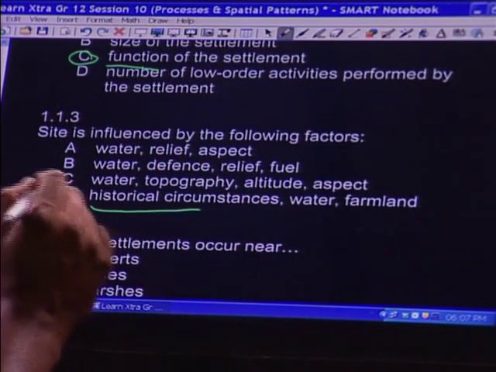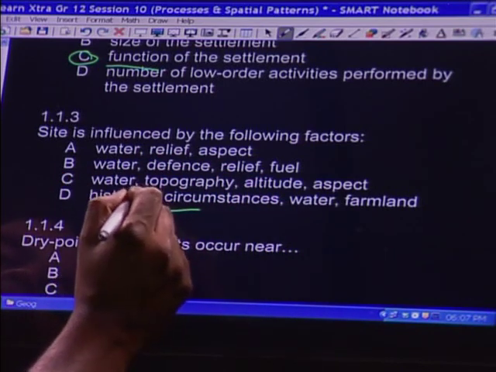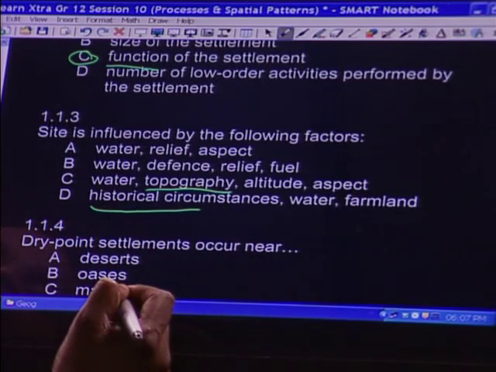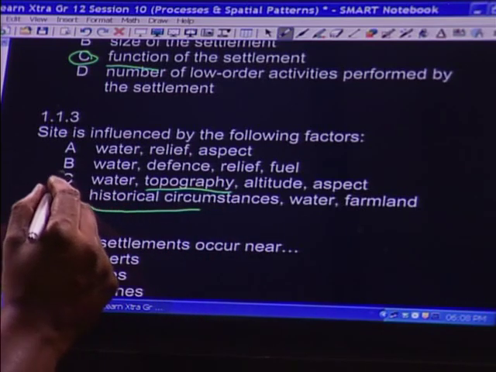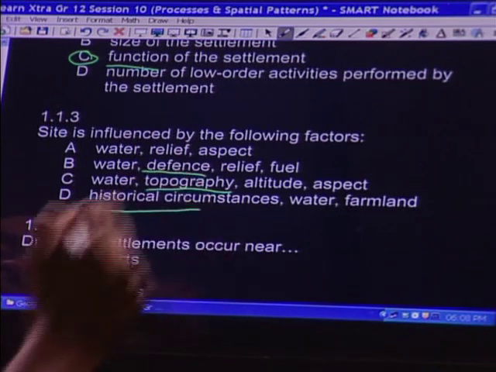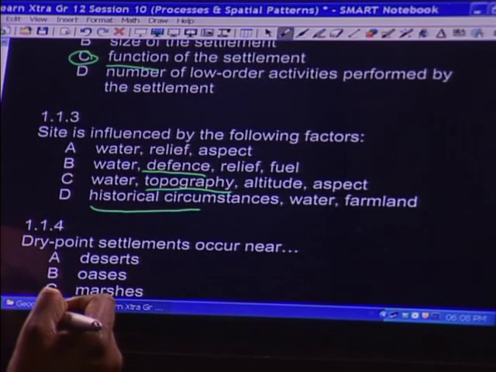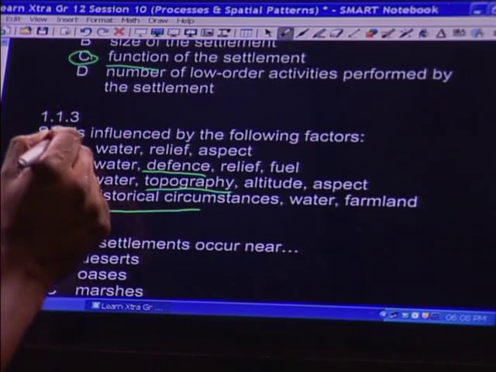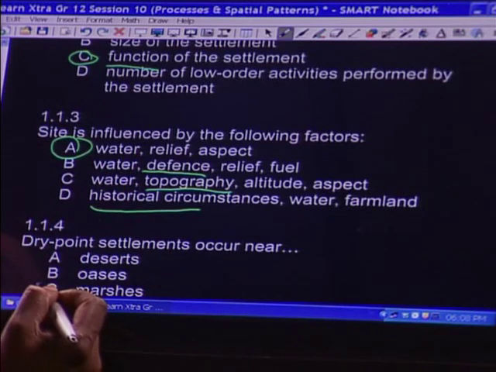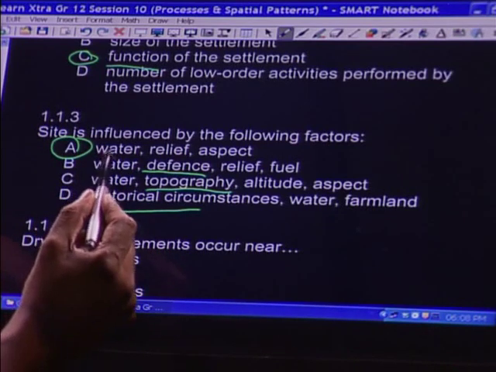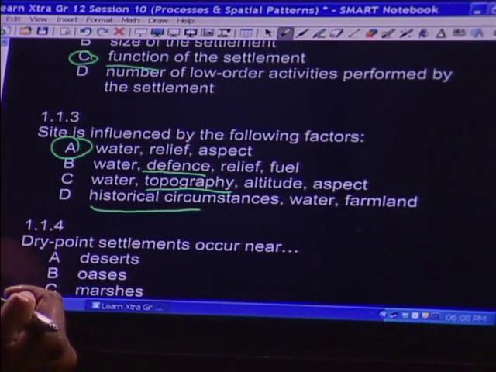Option C is a possibility. However, topography allows it to be a situation factor. In option B, defense is your situation factor, which rules it out. The correct option is A, which deals with all physical factors, for example, water, relief, and aspects. 1.3, your correct answer is A.